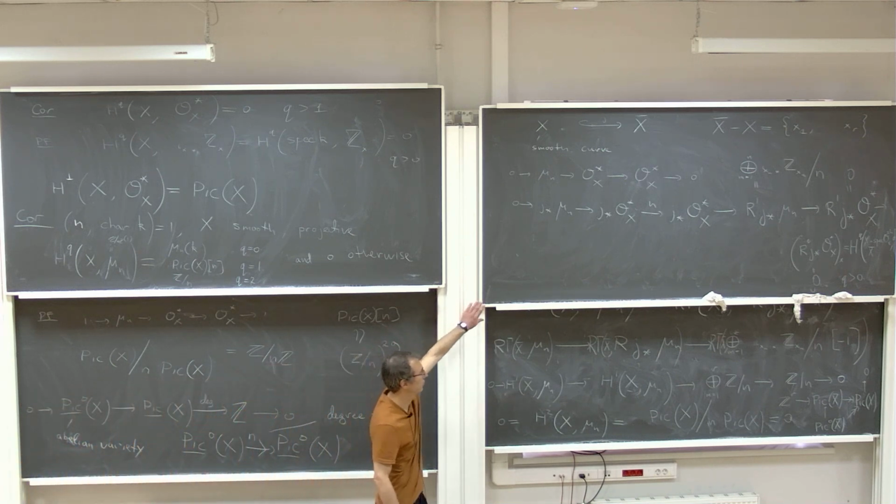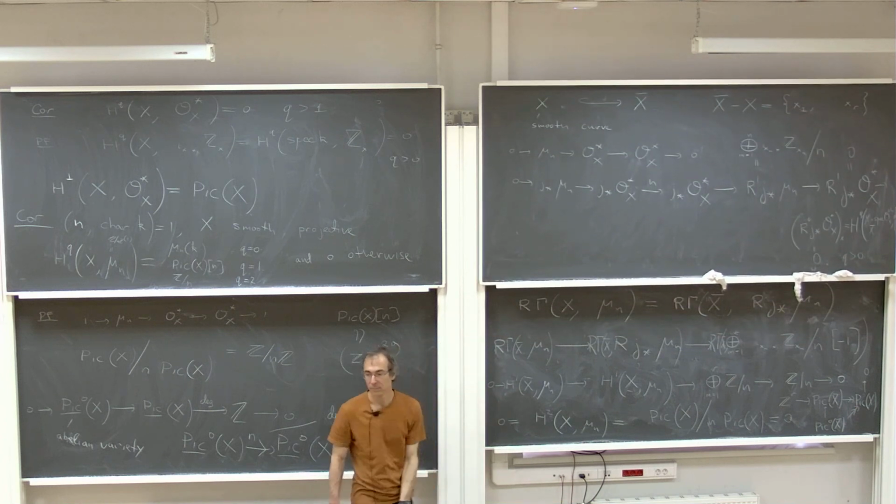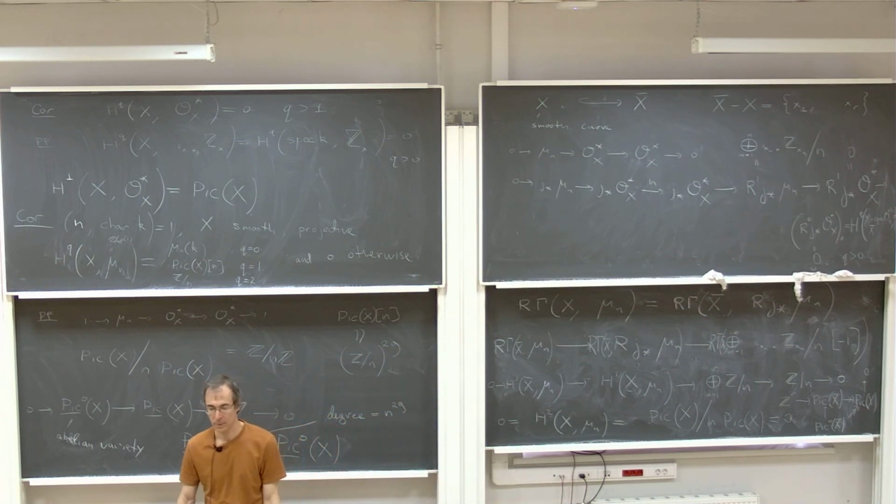Can we do all that for Spec Z and Spec O_K for K a number field? It's more complicated because the Brauer group of the field of rational functions, namely the Brauer group of Q in this case, is not equal to 0.